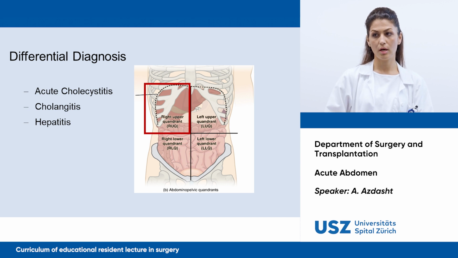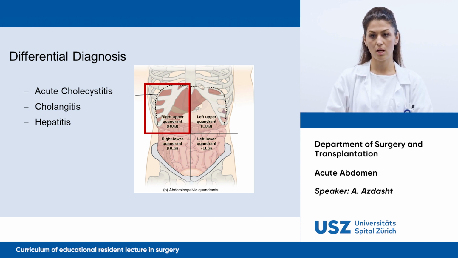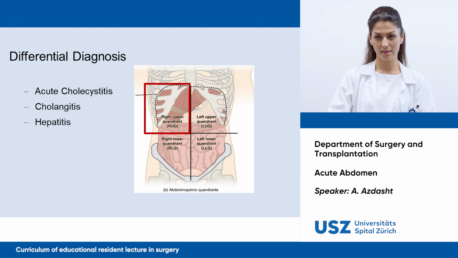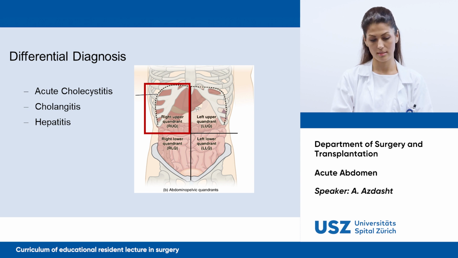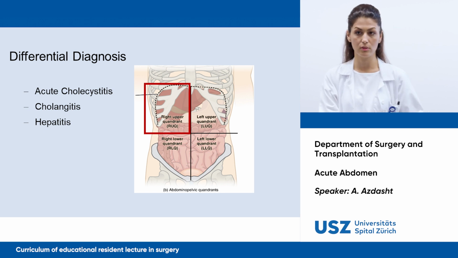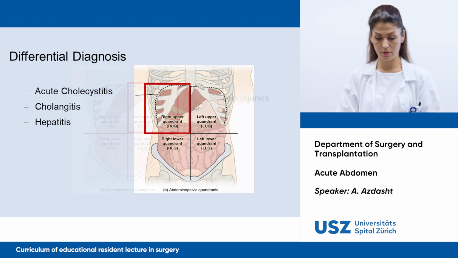Do you know the 2 other symptoms that are caused by a cholangitis? I heard it already. It's also fever and jaundice. And this triad of these 3 symptoms is called the Charcot triad, as you know. Hepatitis, of course, is also a possible cause for right upper quadrant pain.